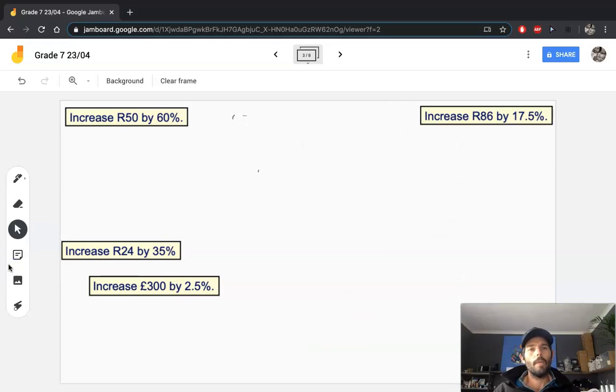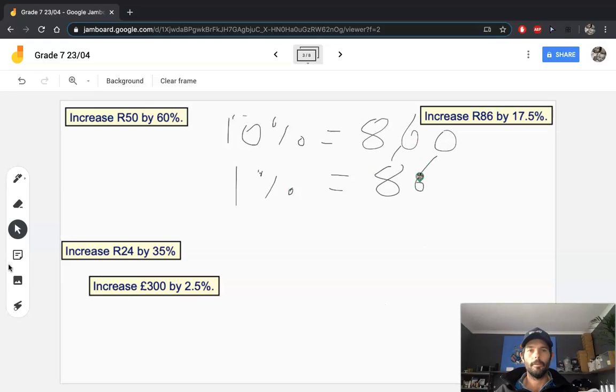So perhaps you didn't recognize the 2.5% was half of the 5%, like I've just shown you. And maybe you went and worked it out a different way. So you could have also worked out 10% is equal to 8 Rand 60. But now maybe you worked out 1%, and 1% is equal to 86 cents.